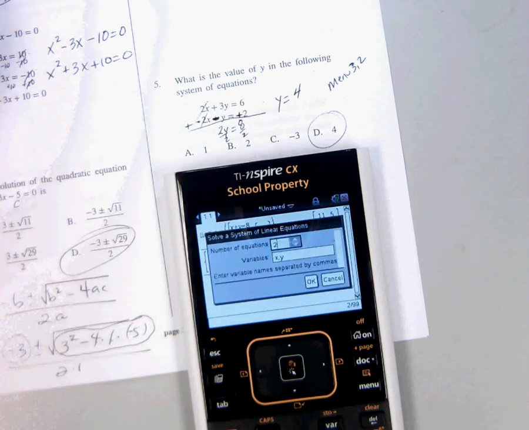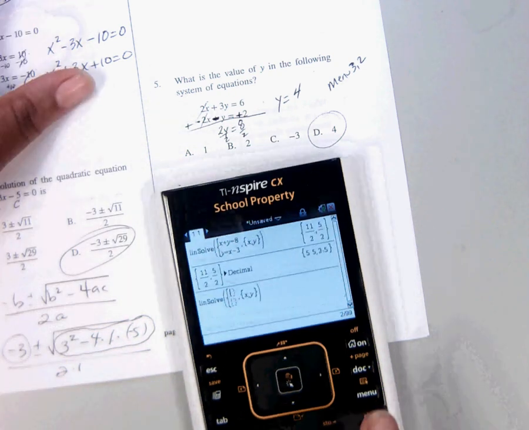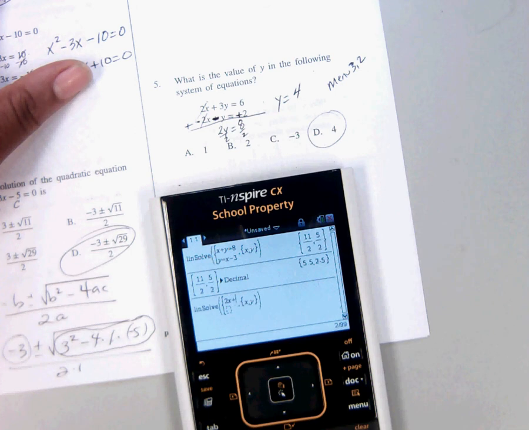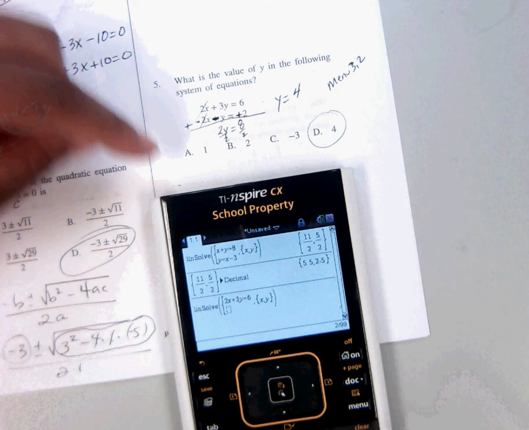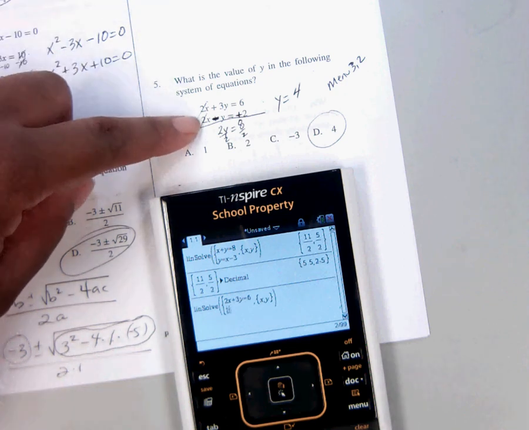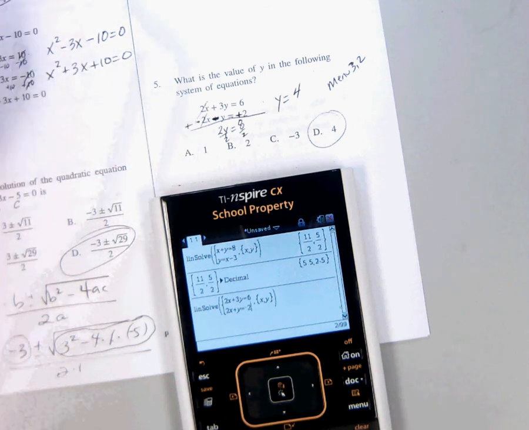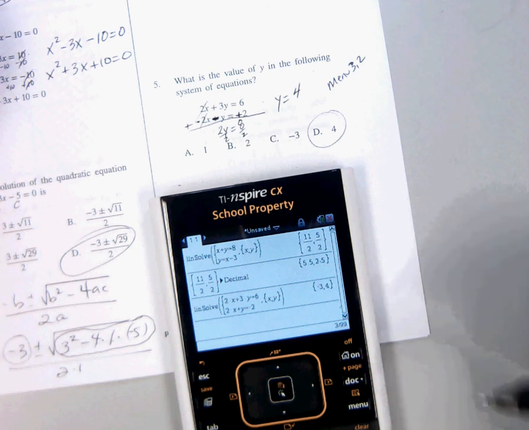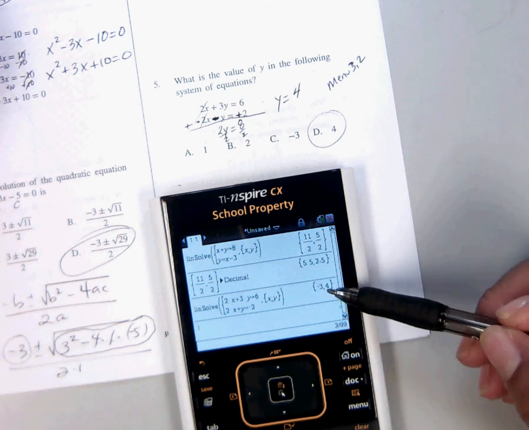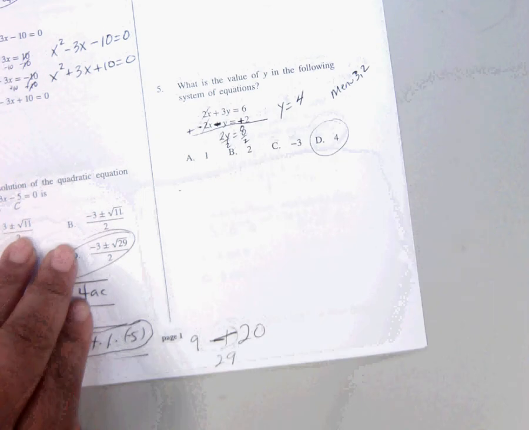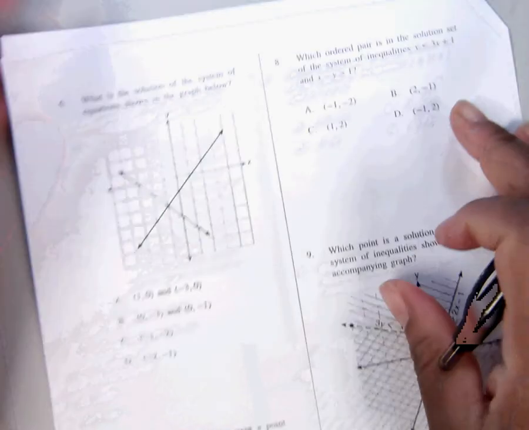System, and enter 2x plus 3y equals 6, and then 2x plus y equals negative 2. And again, it says the y value is 4. So let's do number 6, 7, 8, 9. And then you can move to the next video.